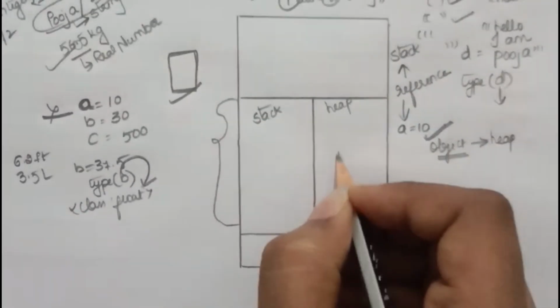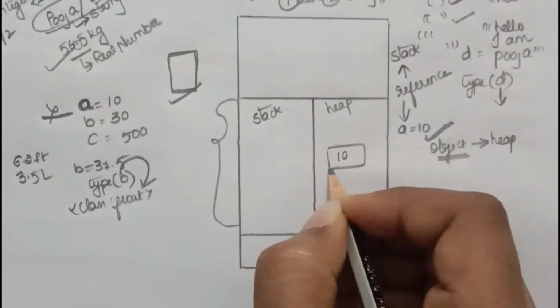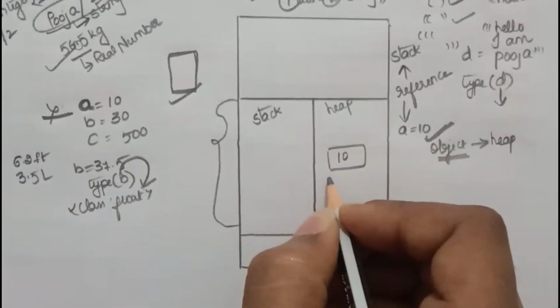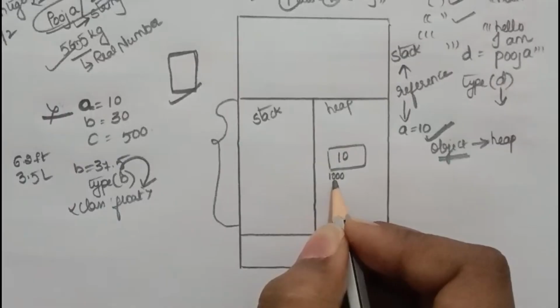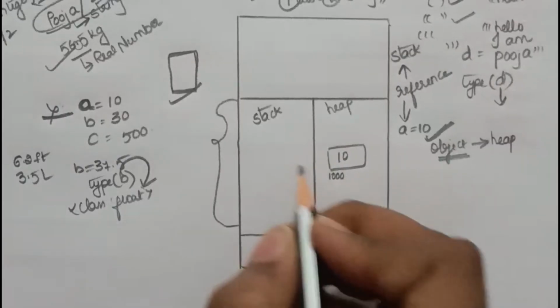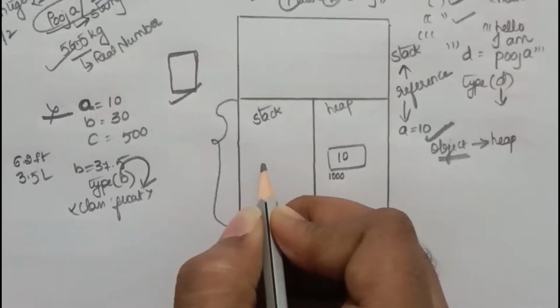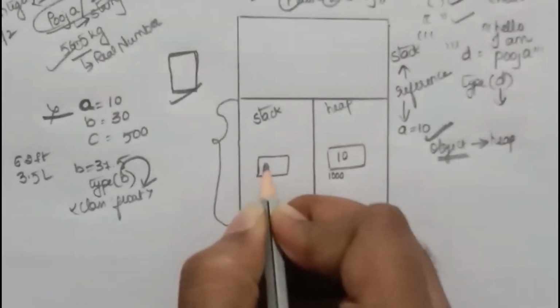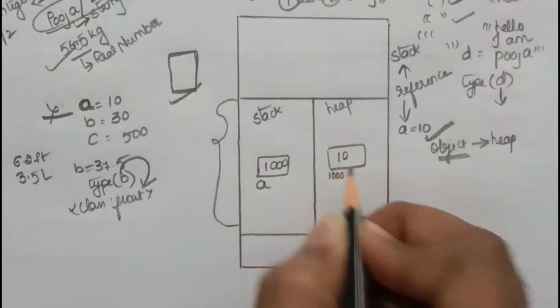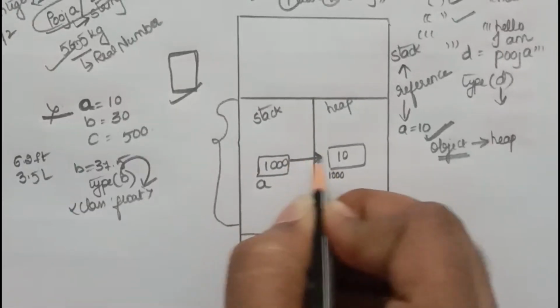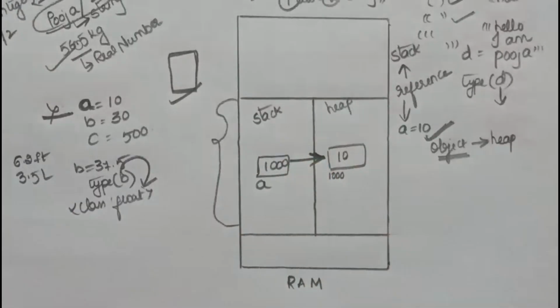So 10 is getting allocated memory on heap. Let's say it is stored at address 1000. This 1000 will be stored in variable a on stack, like this. Since a is a reference to this, there will be an arrow mark pointing to it.